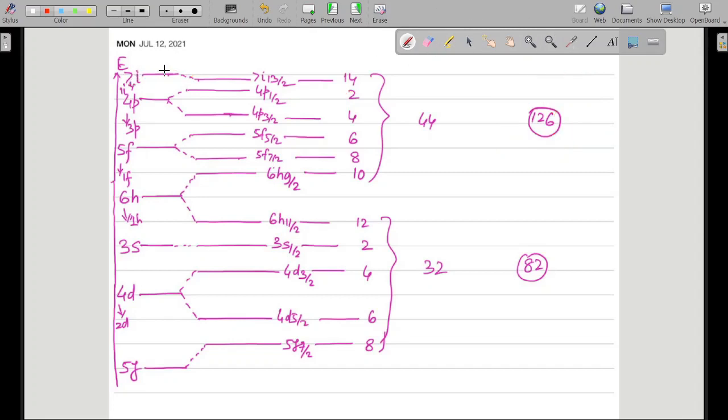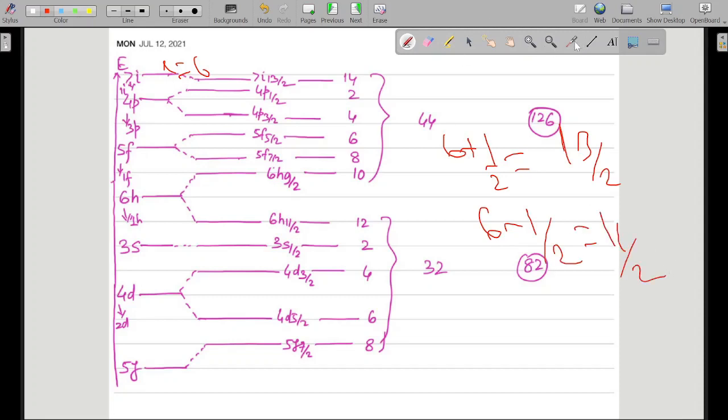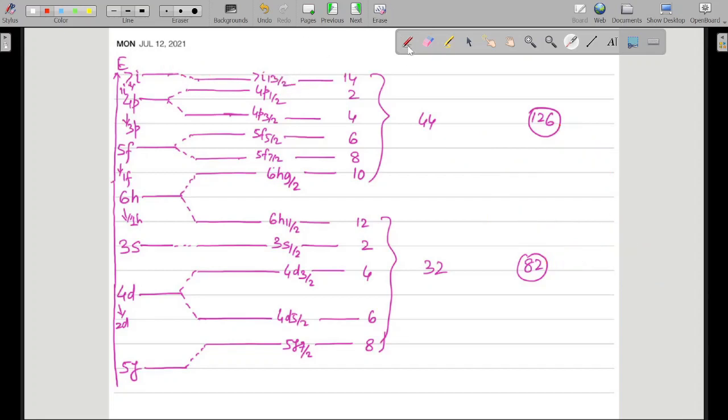Now L equal to 6 for I. So what will be the values of J? 6 plus half, that will be equal to 13 by 2, and 6 minus half, that will be equal to 11 by 2. So we will have two levels: one is 13 by 2 and another will be 7I 11 by 2. 7I 11 by 2 has not been shown over here. Why? Because this particular level will go into the 8th shell.